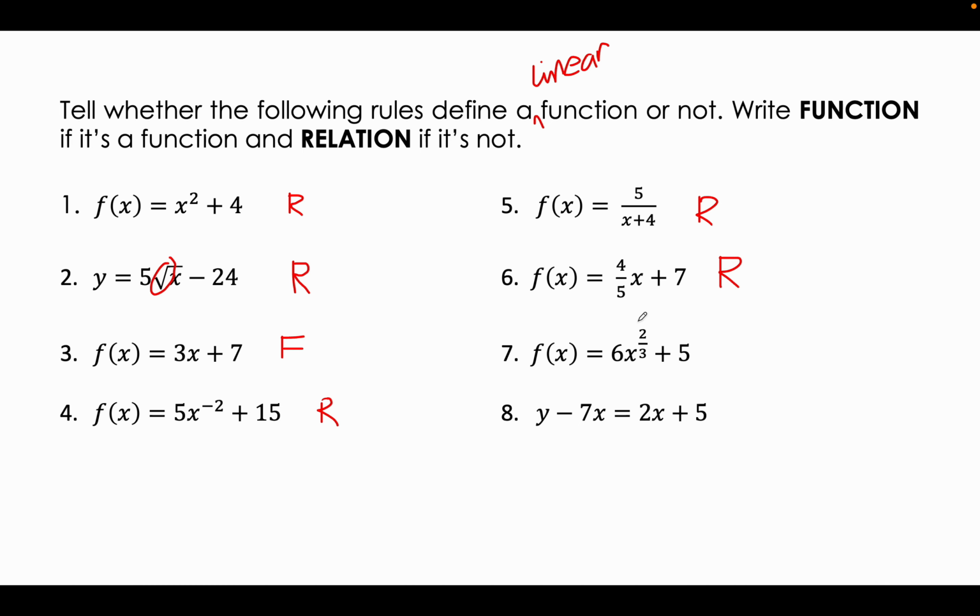Let's have number 7. F of x equals 6x raised to 2/3 plus 5. So maybe we could have Carlo. What's your answer? Yes? Relation? Yes, it's not a linear function because, your reason?